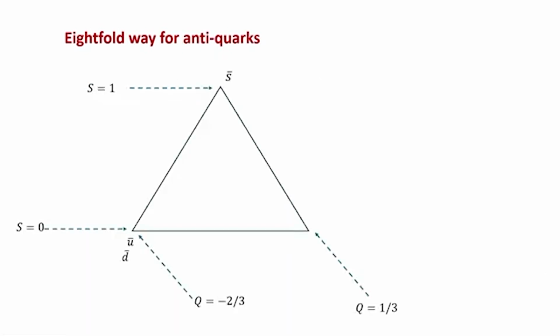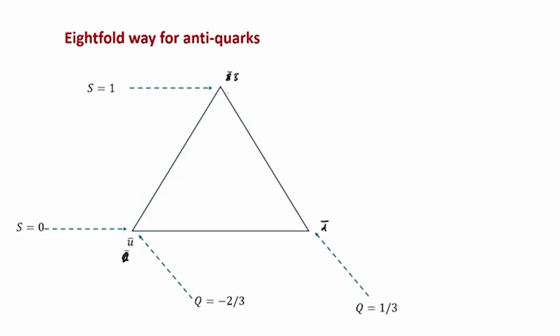Similarly, for the anti-quarks, you can have the normal, upright triangle, where we have this as s bar, the anti-quark of the s quark. So, this 8-fold way for anti-quarks is shown: s bar, u bar, and a d bar. Sorry, the d bar has to be here.